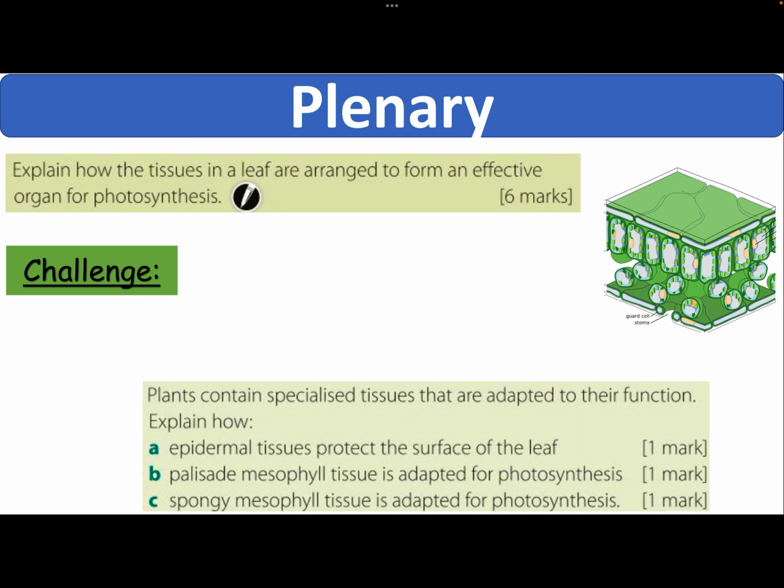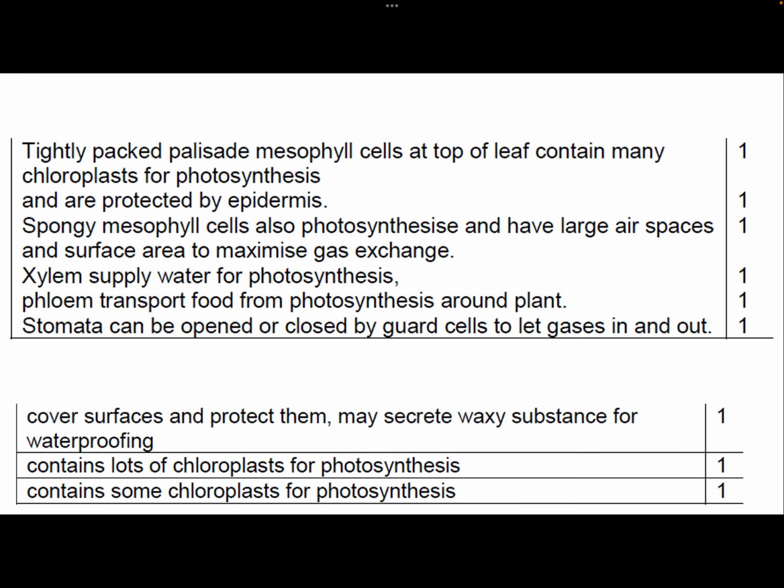And then plenary questions. Explain how the tissues in a leaf are arranged to form an effective organ for photosynthesis. And challenge: plants contain specialized tissues that are adapted to their function. Explain how the epidermal tissue protects the surface of the leaf, and how the palisade mesophyll tissue and the spongy mesophyll are adapted for photosynthesis.